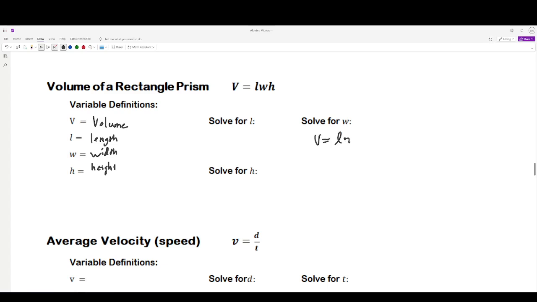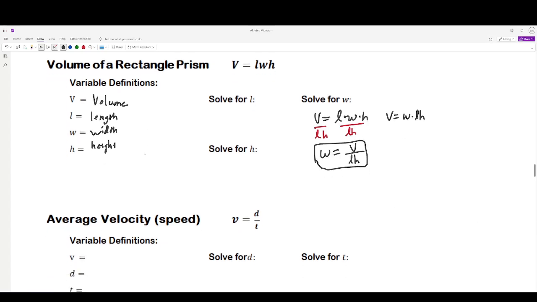So V equals L times W times H. Again, I'm going to think of this as W being multiplied by LH. I don't need to write this, but just to explain how I'm visualizing it, W times LH. Then I'm going to divide both sides by LH, and I end up with W equals V over LH. And then I'll leave the other two for you to do. Again, they're very similar to the potential energy one.